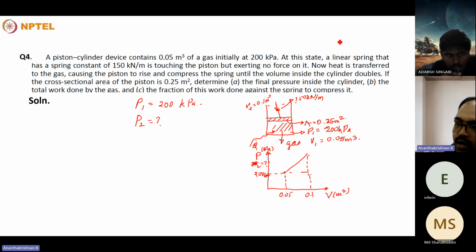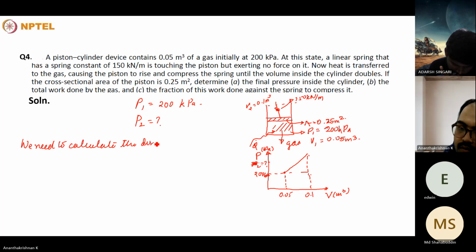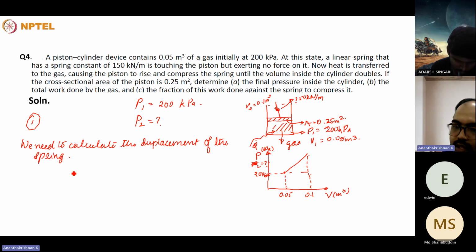We will try to look into how we can get the pressure at point 2. First of all, we need to calculate the displacement of the spring. The only information right now we have is the change in the volume. But we can transform the change in volume to the change in length of the spring using the cross-sectional area.